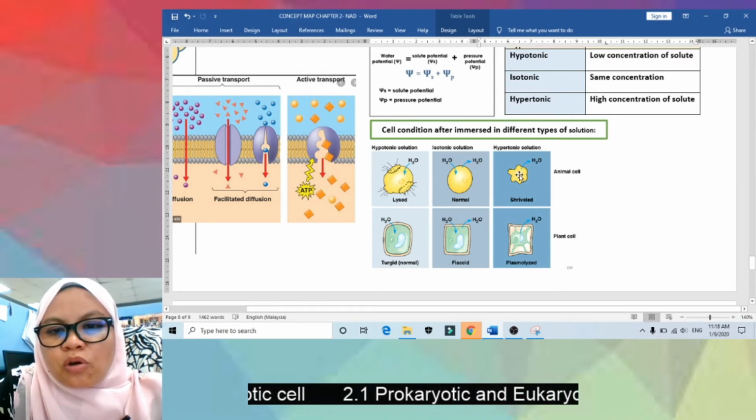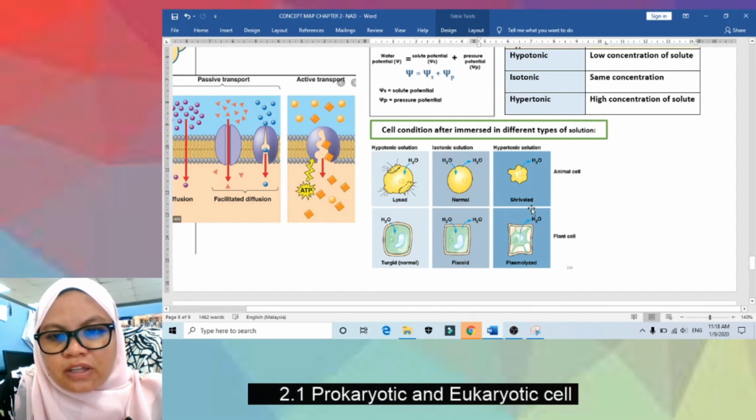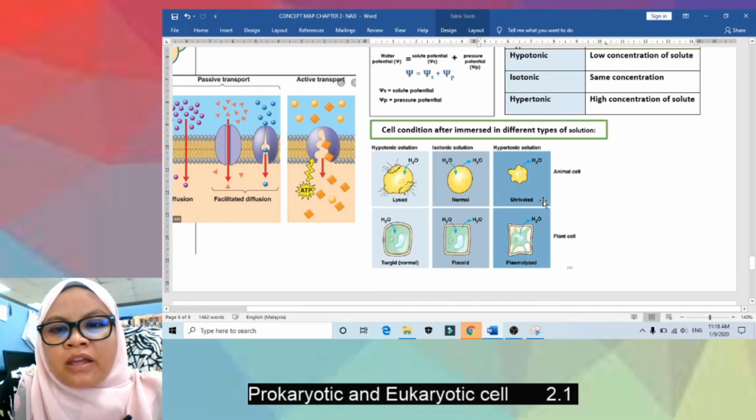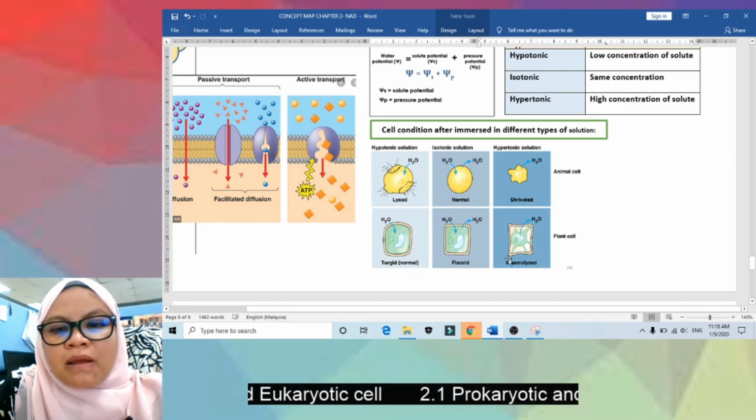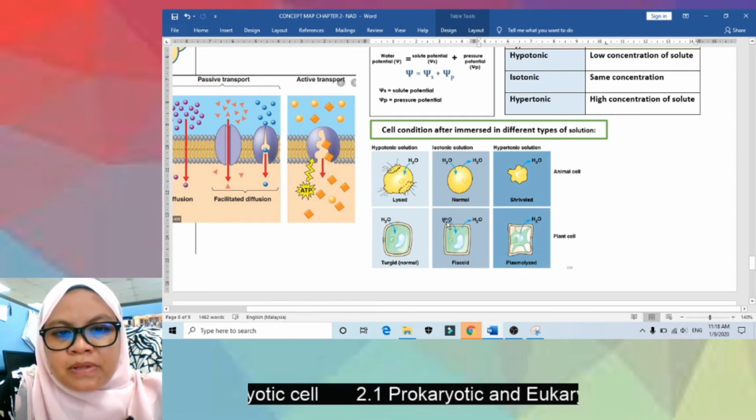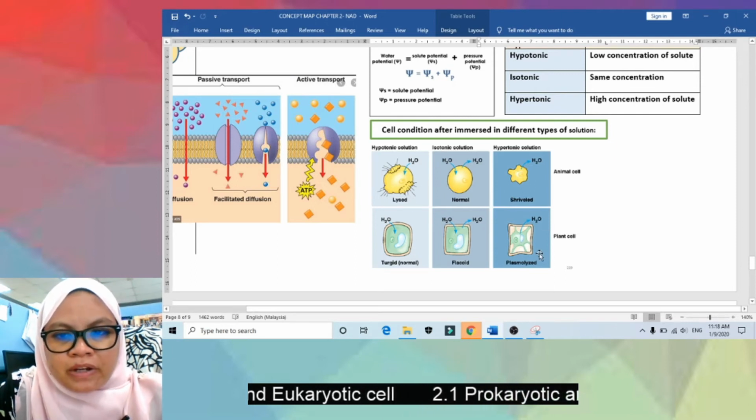This condition we call crenation. But for the plant cell, the condition is called plasmolysis. Please remember the terms and you should be able to differentiate the conditions based on the diagram provided.